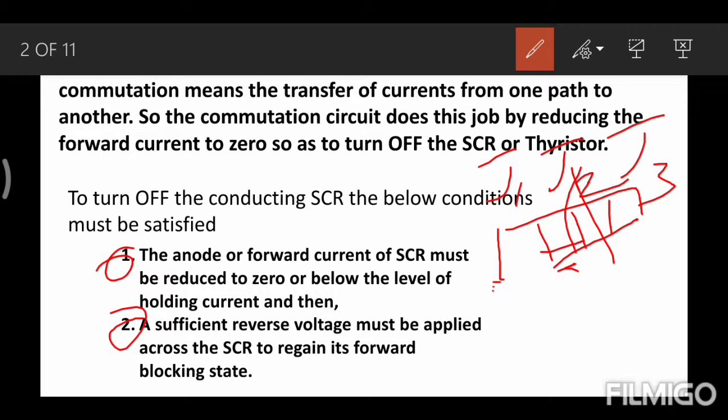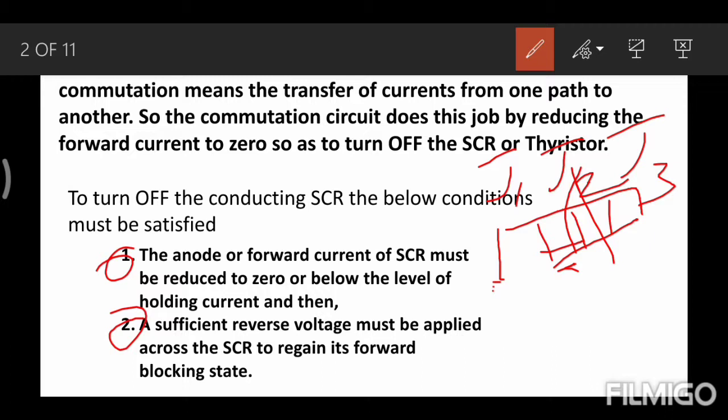In the turn-off process, we convert J2 into a non-conduction mode or blocking mode. This is the technique we apply in this turn-off method.